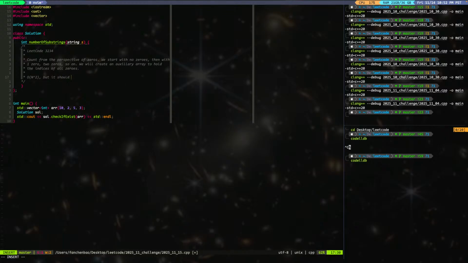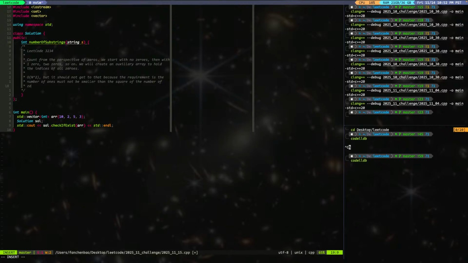But it should not get to that, because the requirement is the number of ones must not be smaller than the square of the number of zeros.